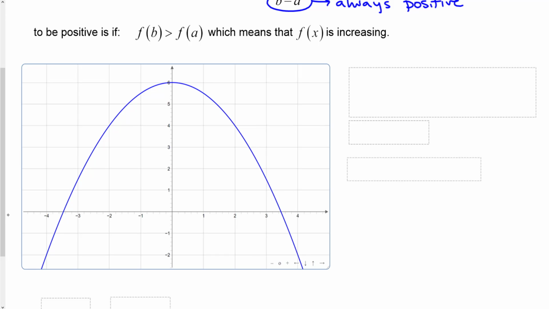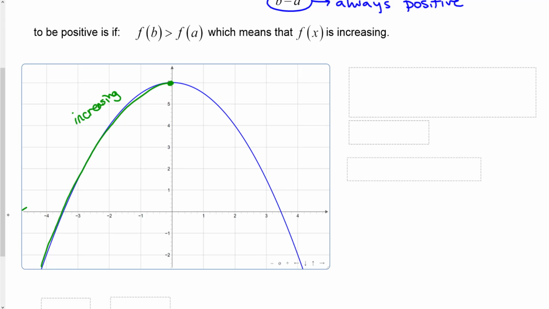Now, when it comes to determining intervals of increase or decrease, you answer along the x-axis. So you can see the function right through here, going from left to right, is increasing in value. All right, clearly the function is increasing. And the reason I know it's increasing is because the y values are getting larger as I go from left to right.